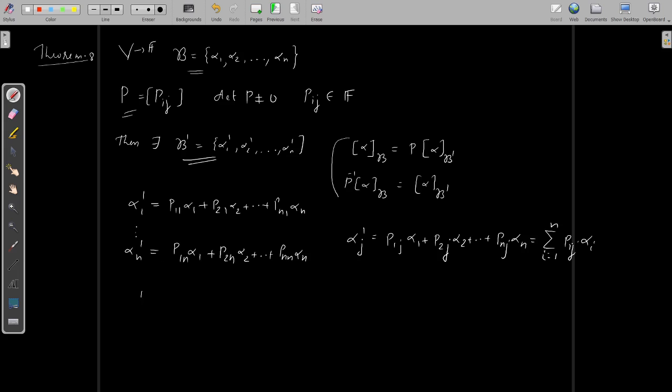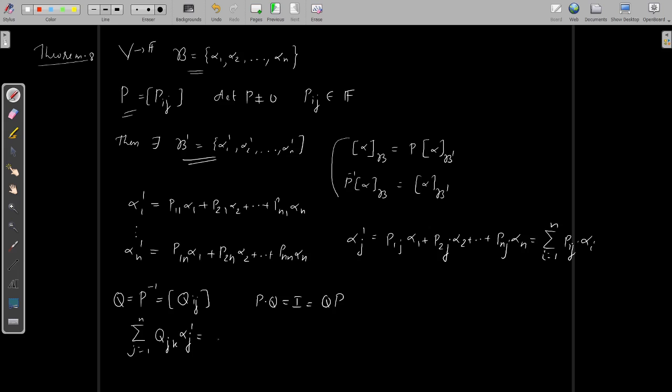Since P is invertible, there exists a matrix Q such that Q is equal to P inverse. I'll write this Q as the set of all Qij. This is the matrix P inverse. Then you can write PQ is equal to the identity, which is equal to QP. This is the relation between Q and P. Now we consider the sum, as j varies from 1 to n, of Qjk alpha j prime.